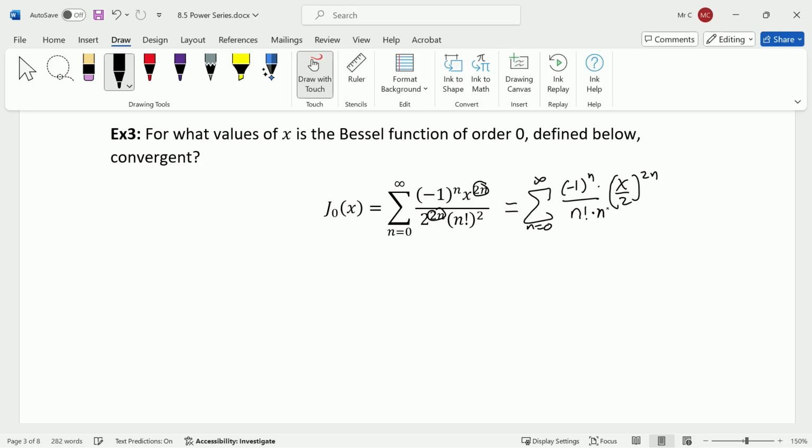I think that will make it easier to see what's happening in the next step. So now I set up my ratio, a sub n plus 1 over a sub n.